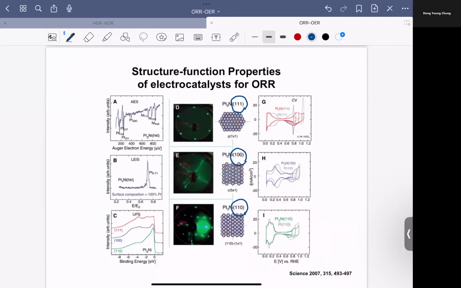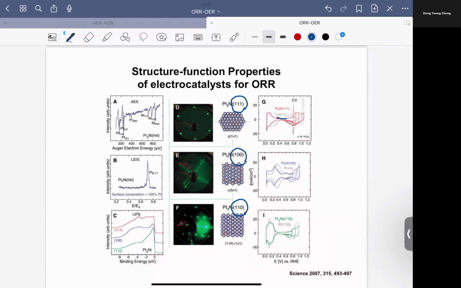And this is the cyclic voltammetry, and I'm certain you are familiar with the shape of this one, right? Since you observe a butterfly shape like this, you assume that there is adsorption and desorption behavior, right? I believe you already captured that.